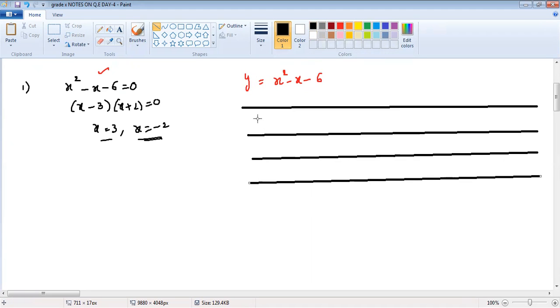First I'm taking the x values, then I can go for x square, then x square minus x minus 6. That's up to you. Then I'm taking 0, 1, 2, 3, minus 1, minus 2.